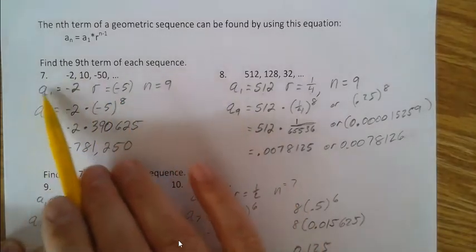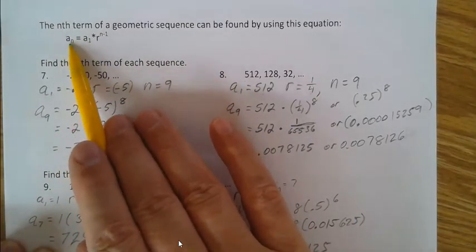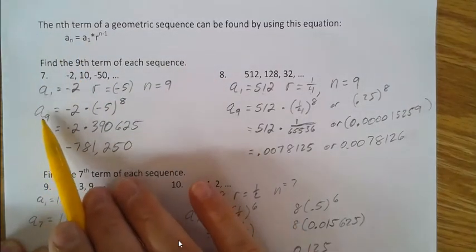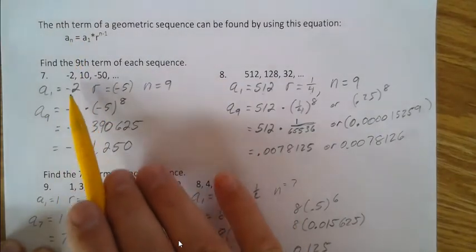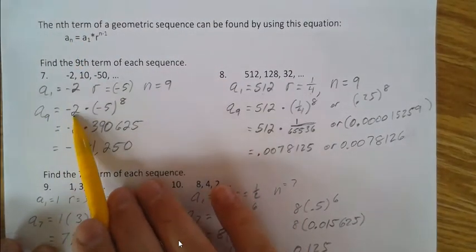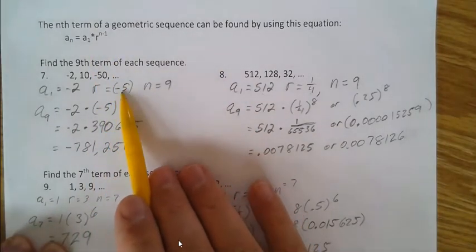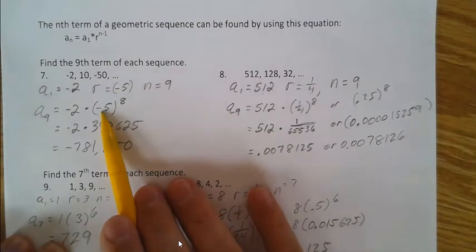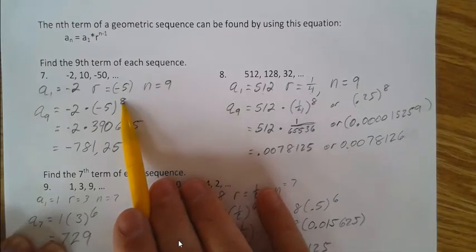We substitute all of these values in, so a sub 9, that's what this means. a sub 9 is equal to a sub 1, which is -2. Our common ratio, that's why it's r, ratio, is -5, so we put a -5 in there, and then n minus 1, so 9 minus 1 is 8.